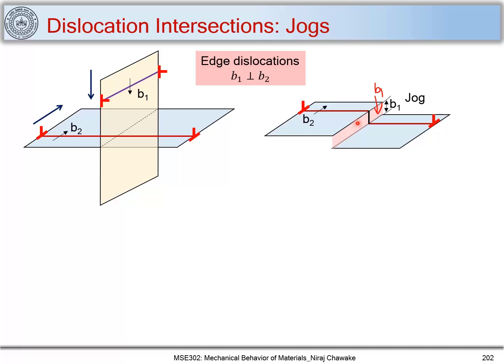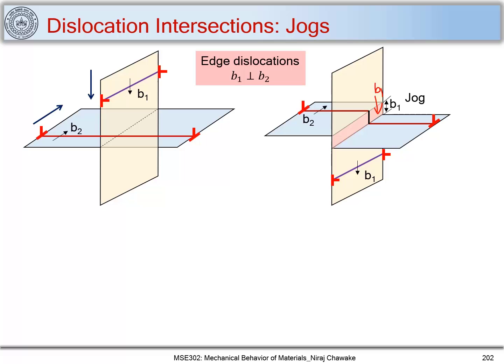And what will be the break on the dislocation B1? Let's look at that also. So here there will not be any break created on this dislocation B1. Why? Because the Burgers vector B2 is parallel to the tangent vector of B1. Let's look at this condition.